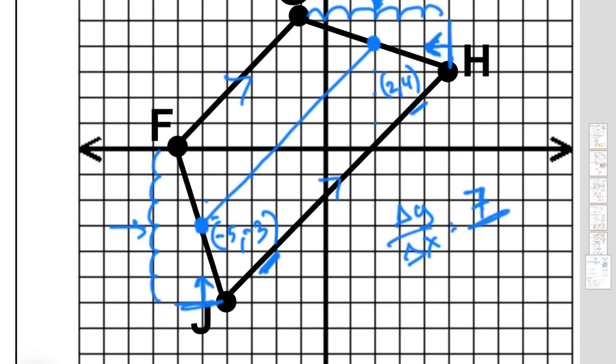For your change in X, how many units do we get from negative 5 to positive 2? Well, from negative 5 to 0, that's 5 units. And from 0 to 2, that's 2 units. So we went a total of 7 units, which gives me a slope of 1. And if you can see on my graph, I have my y-intercept, which is positive 2, or b equals 2.